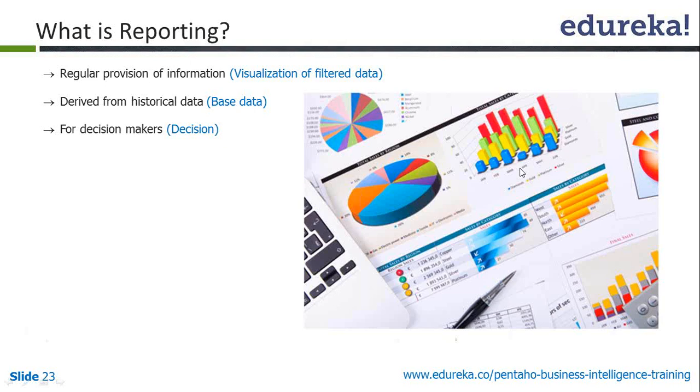As we discussed, the data warehouse is nothing but a repository of your historical organization data. So you can have that data in your reports for decision making. It's very good for business users to have it.